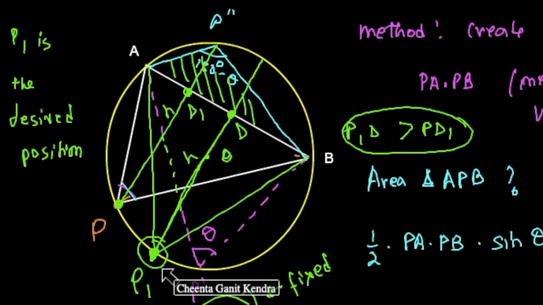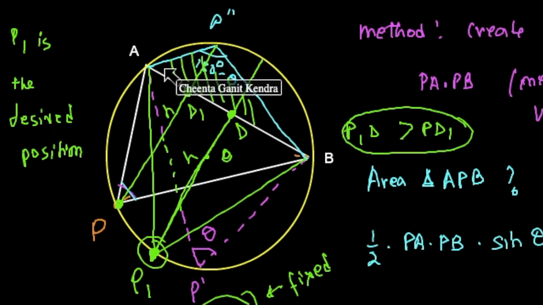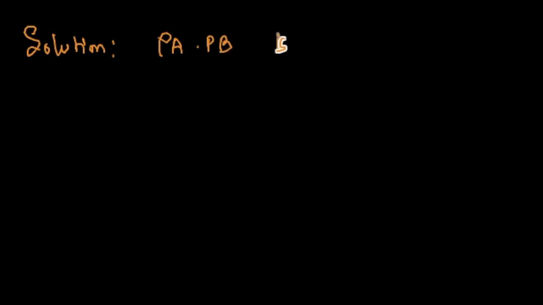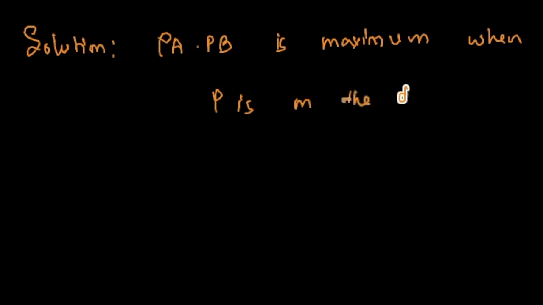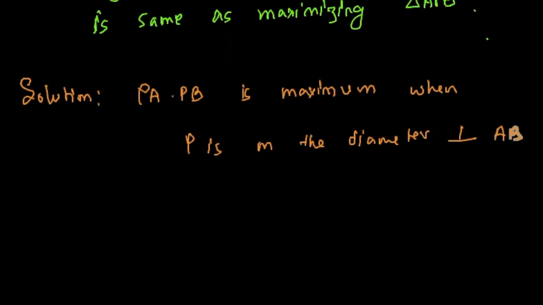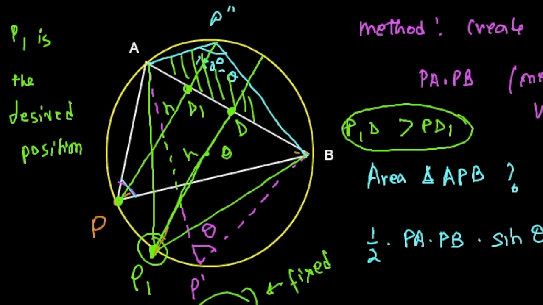So at this position P1, the area of the triangle APB is maximized, and therefore PA times PB is also maximized. So PA times PB is maximum when P is on the diameter perpendicular to AB, and of course you have to take the longer portion.